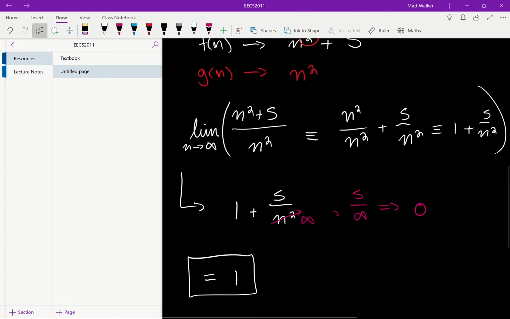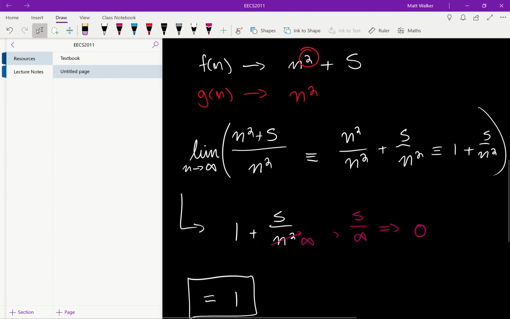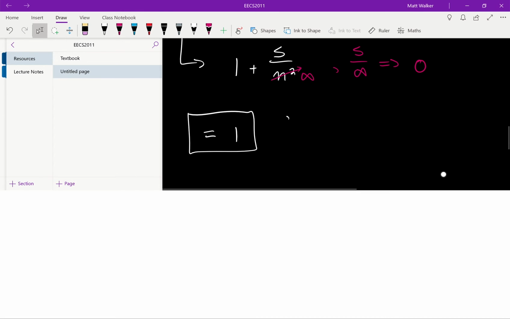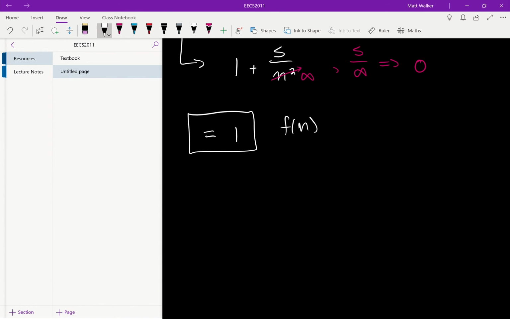So therefore, our f of n in this case was n squared plus 5, and our g of n was n squared. So we know f of n has O n squared, because our n squared, of course, is g of n.